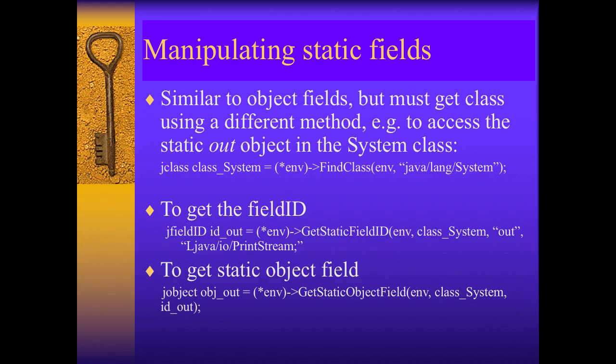Static fields are similar. You have to go in and get different objects by fully qualified class names. So here's System from java.lang.System, and you can grab onto the out instance, which is an instance of the java.io.PrintStream, and you can call out.println.